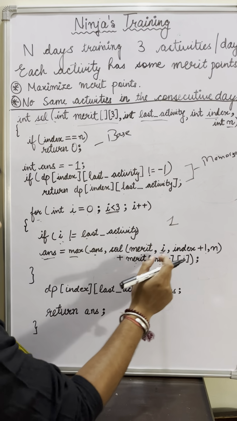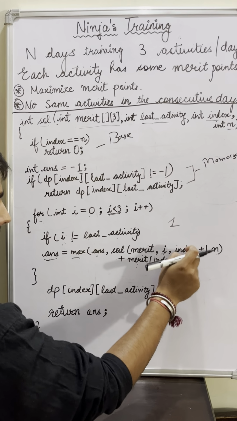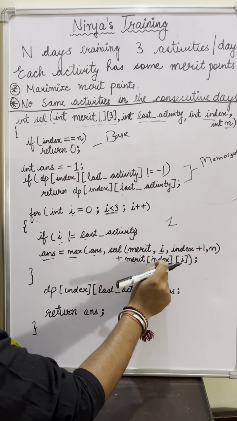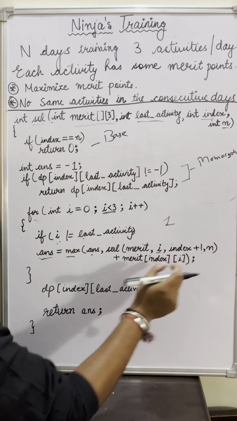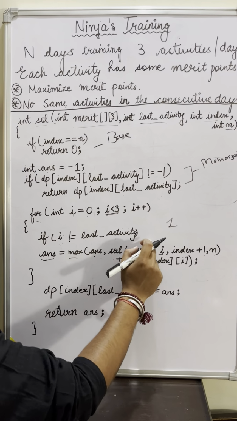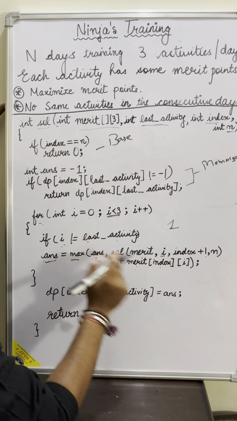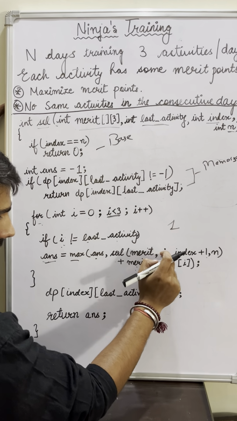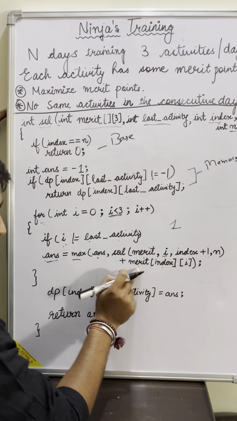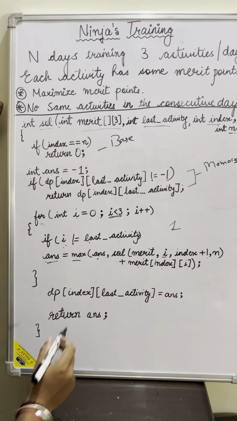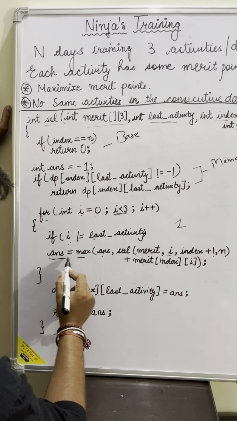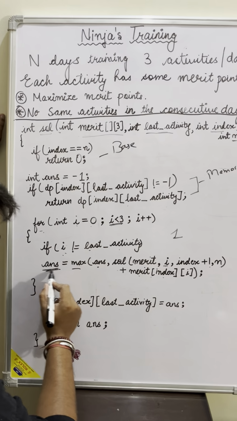For 0, it sends 0 and index plus 1, and here we store the answer of index comma 0. And for 1, we are not going to end up in this loop. And on 2, we similarly say the last activity is 2 and we are adding the 2nd merit point. Similarly, we are getting the maximum answer in this particular answer variable.